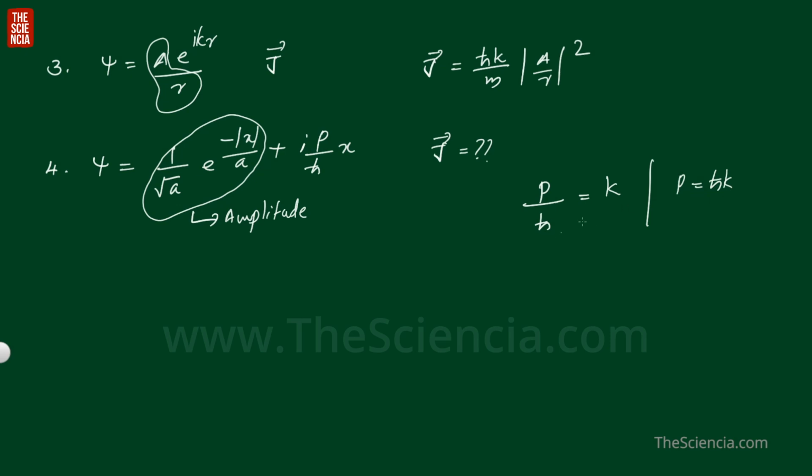Therefore p by ħ is nothing but k. So what we get? We get j is equal to ħ by m into k into modulus of amplitude, that is 1 by root a e raised to minus mod x by a all square.